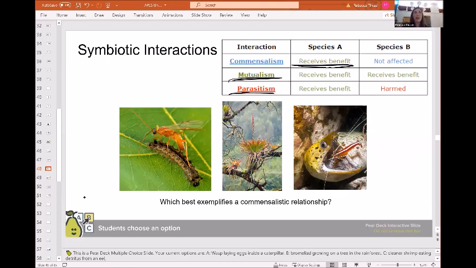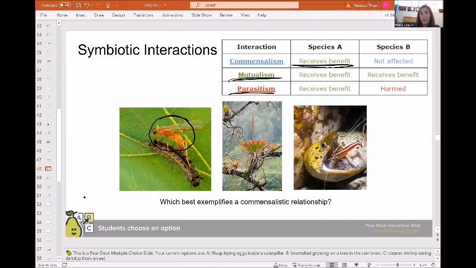Yeah, so most of you guys are thinking that it's the bromeliad. So let's look at the other two options and talk about why that is commensalistic or more likely to be so. So of course, this wasp is benefiting hugely by having this host for its eggs. Eggs are going to be laid in the caterpillar. They're going to hatch and then they're going to eat the caterpillar.